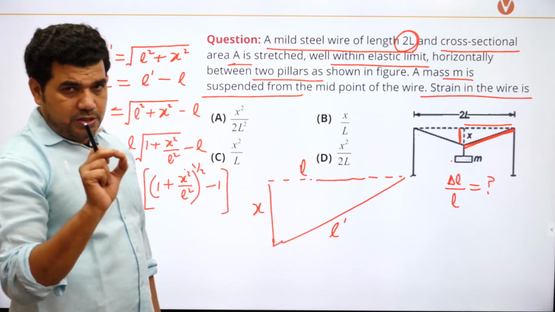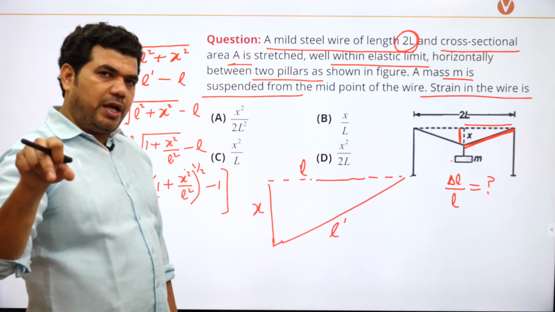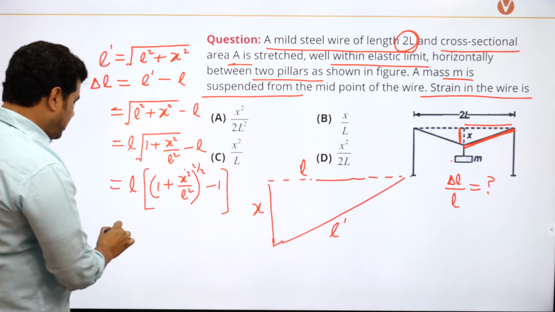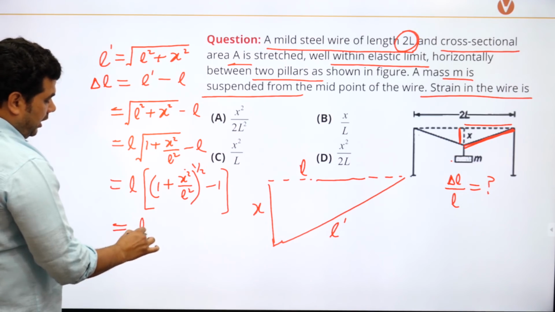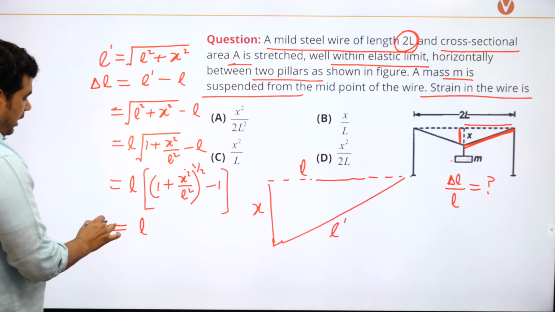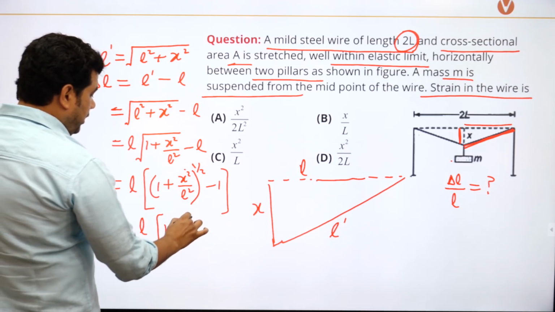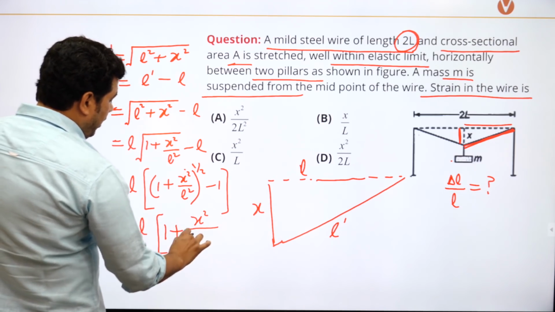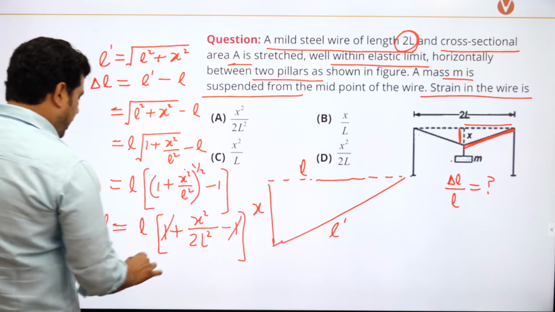And then 1 plus X to the power N can be written as 1 plus NX. So by using the binomial approximation, delta L is equal to L into 1 plus X square divided by 2L square minus 1. 1 will be cancelled out.